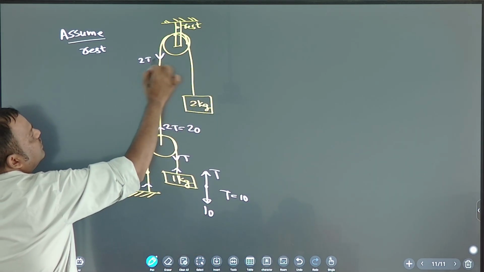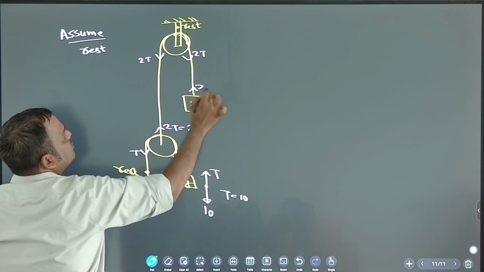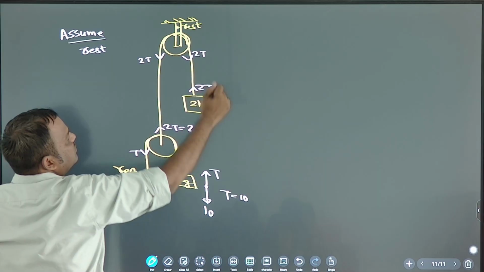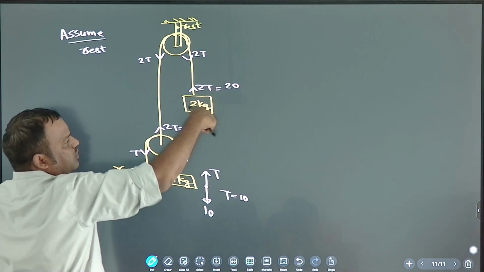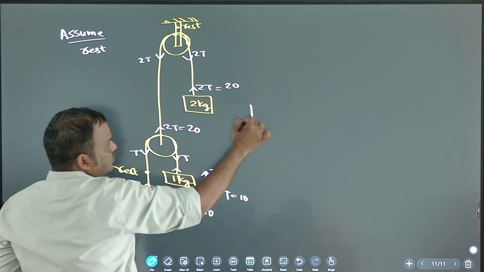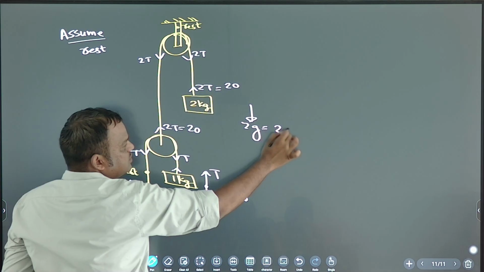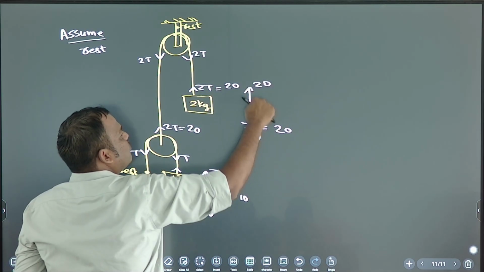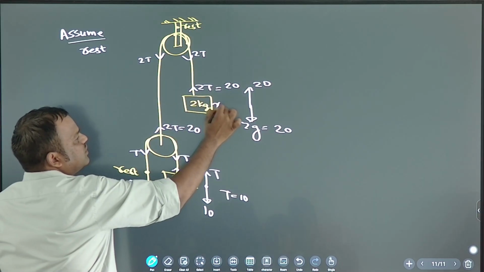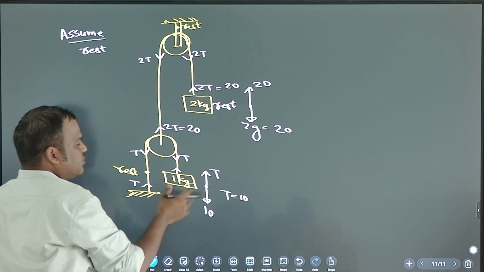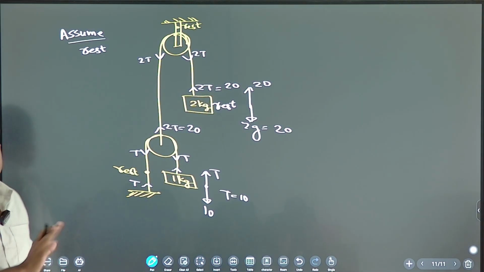So here 2T, here 2T, here also 2T, and 2T is 20. So upward force here is 20. And what is the downward force? 2G, which means 20. So upward 20, downward also 20. So this is also at rest. It is correct.